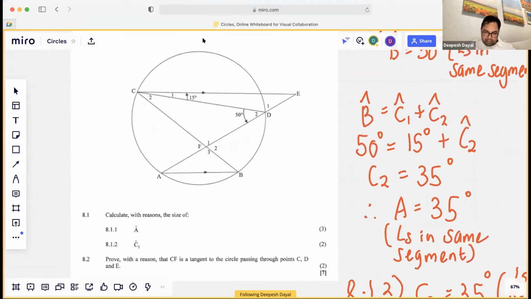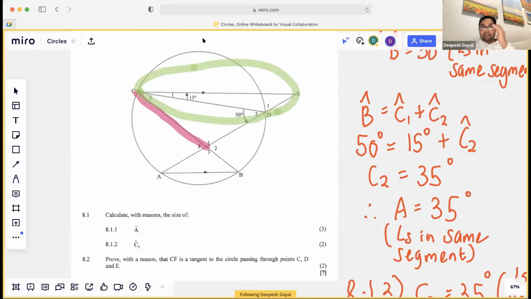So we've got that proof that CF is a tangent to the circle passing through C and D, and then CF. Here's CF, right? It's a tangent passing through a circle, CDE. Here's CDE. Okay. So CF is a tangent to the circle passing through C, D, and E, right?